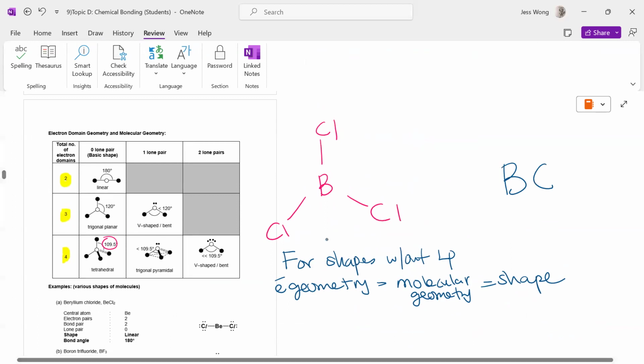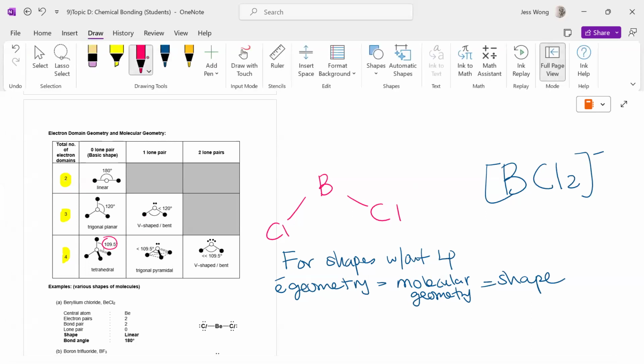what if I have BCl2 minus? If I have BCl2 minus, maybe I will get a structure that looks like this when I draw the Lewis structure.